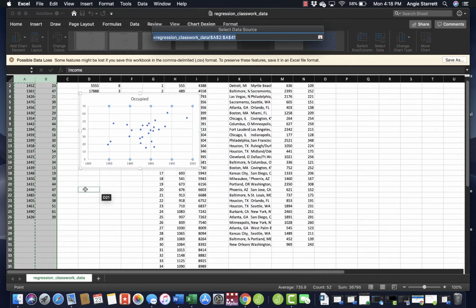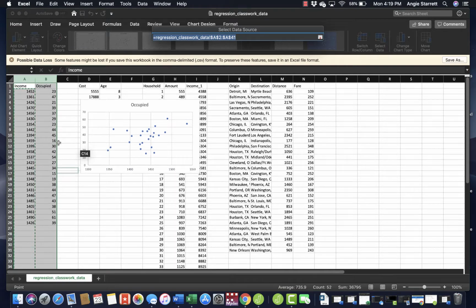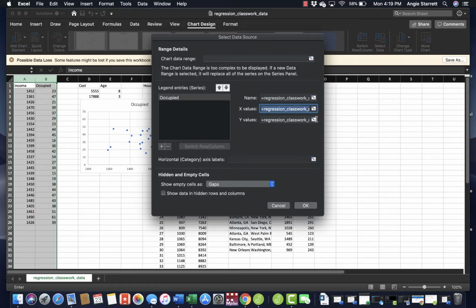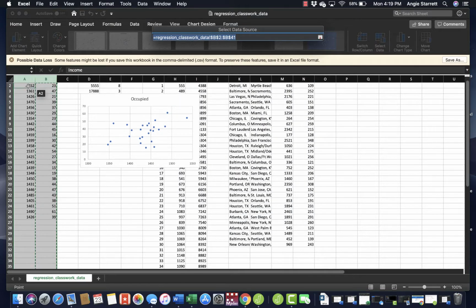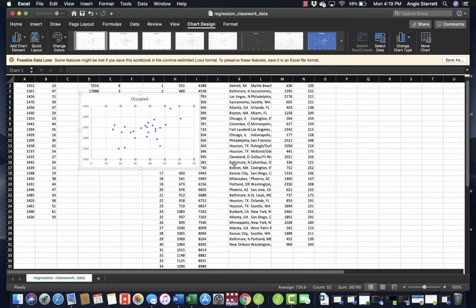So for our X data, there's our X data. And for our Y data, there's our Y data. All right, and we can say OK. All right, and so here, now we are looking at number of rooms occupied and restaurant income.